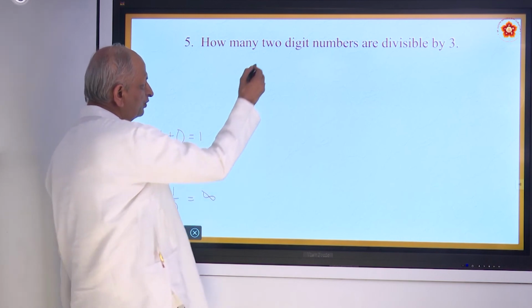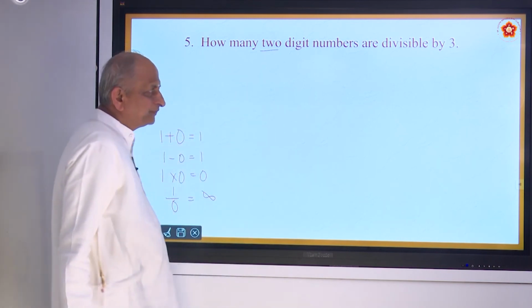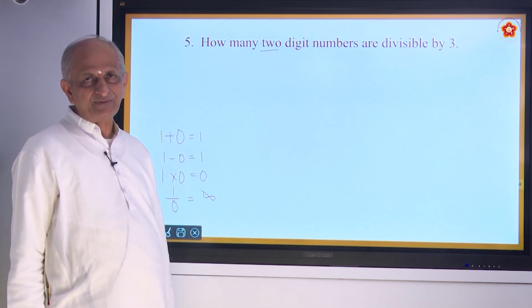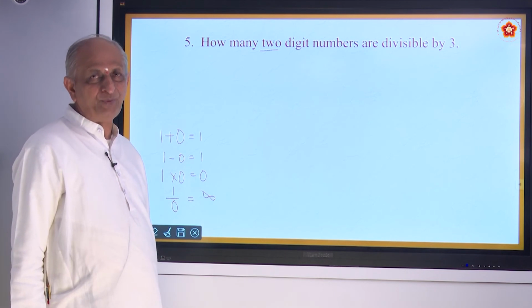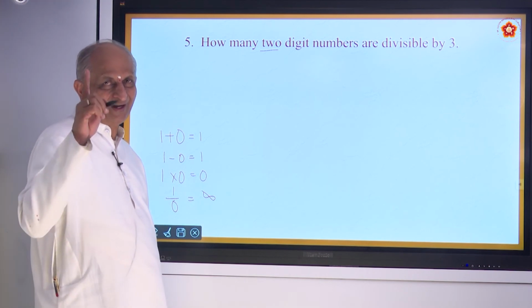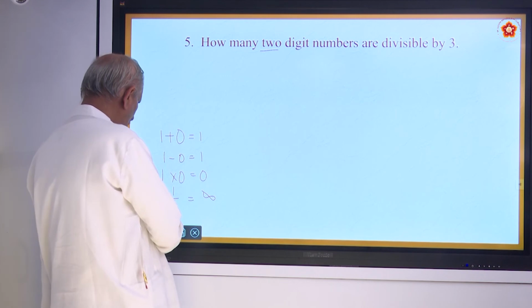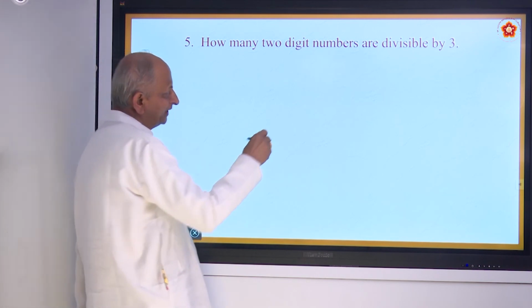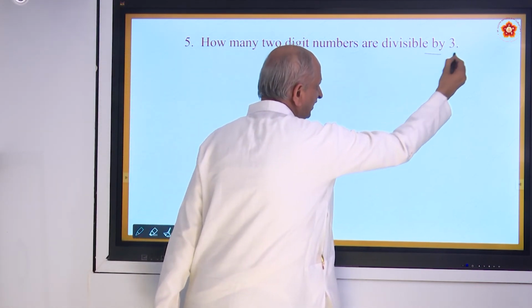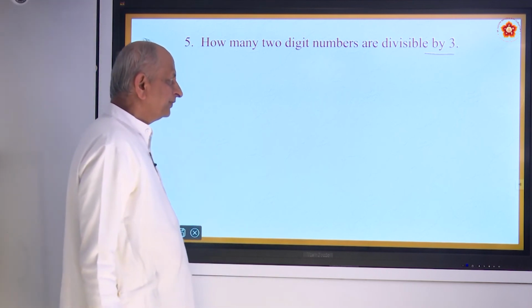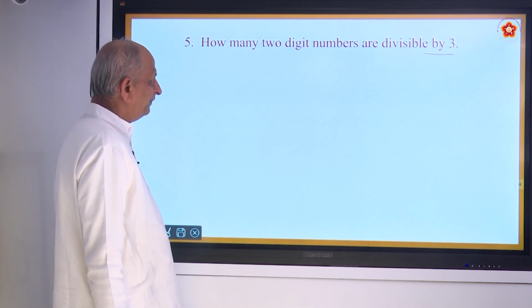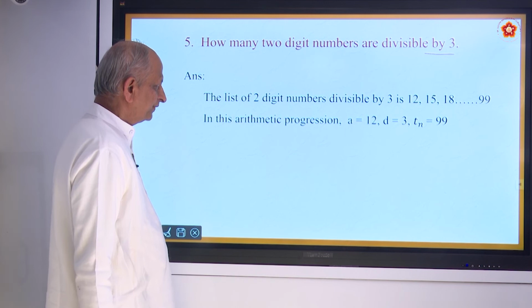Now, here is a question of 2 digits. So, 2 digits starts from 10 up to where? Up to 100. But here the question is divisible by 3. So, what is the first number divisible by 3? That is 12.